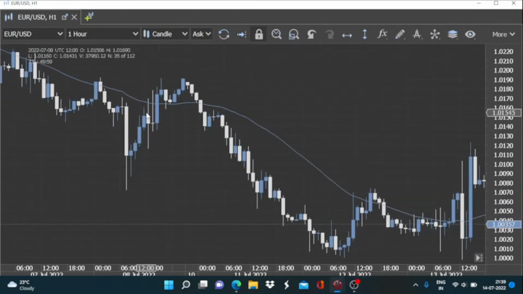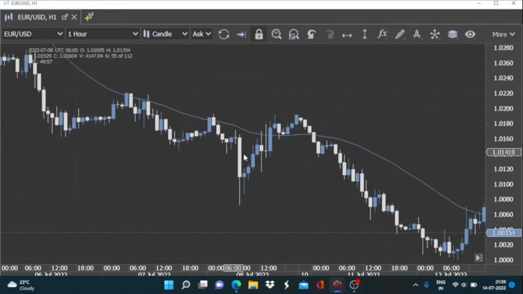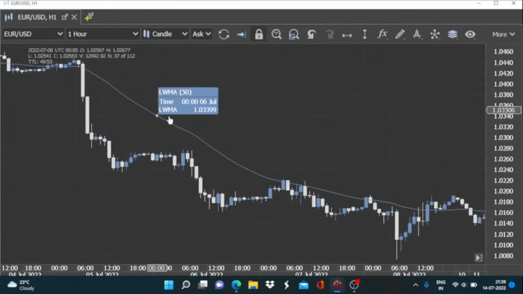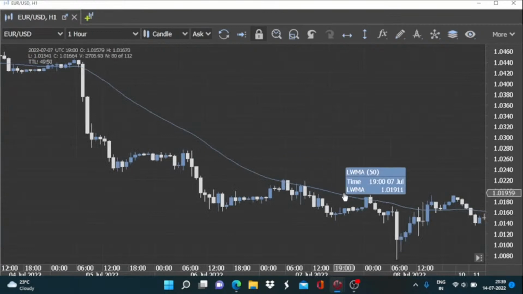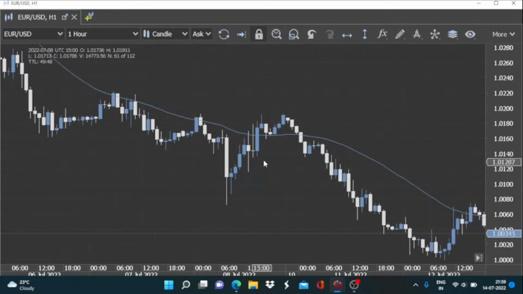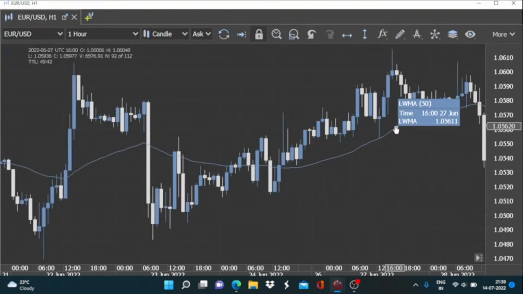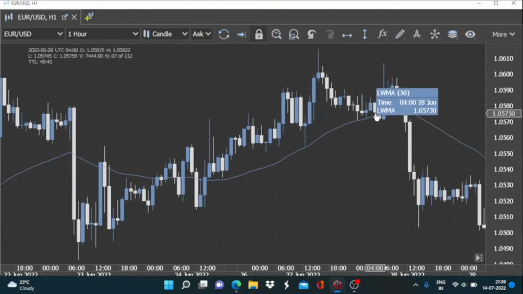Only if the price is moving in a continuous manner in any direction will the LWMA be plotted in a trending manner, in decline, or if the price is rising then it will be in rise.